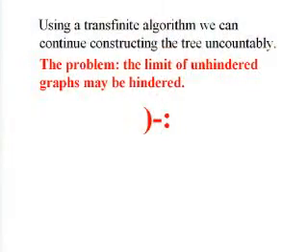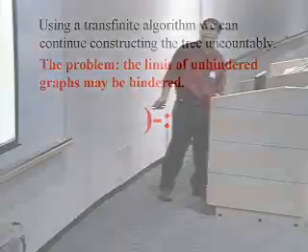So we have this idea of a transfinite algorithm. You can continue the tree beyond the omega step. But the problem is that when we take the limit of many hindered graphs, the graph we obtain is not necessarily hindered.